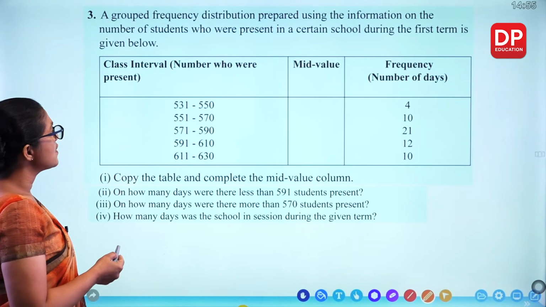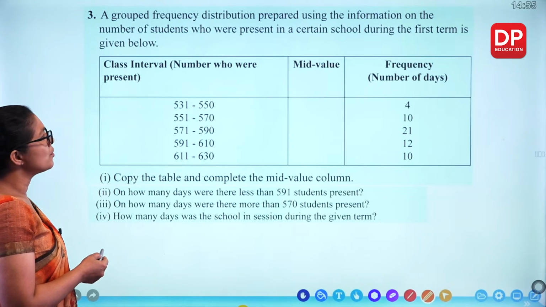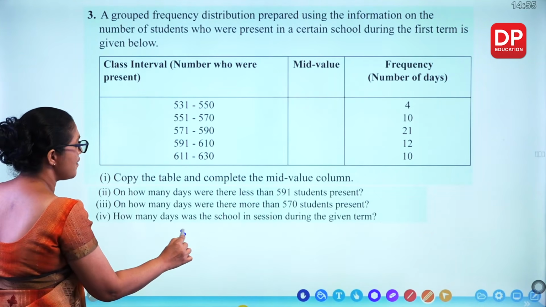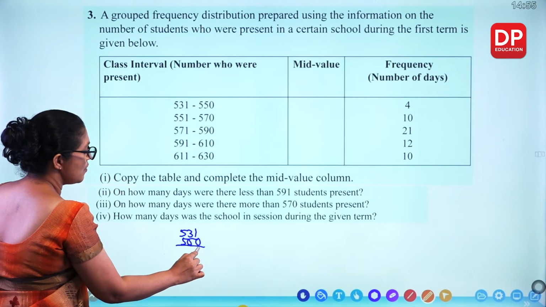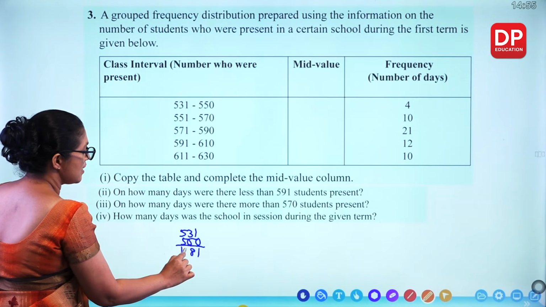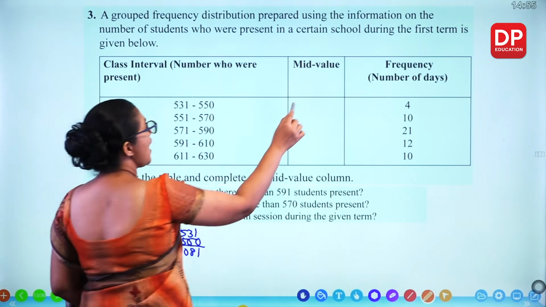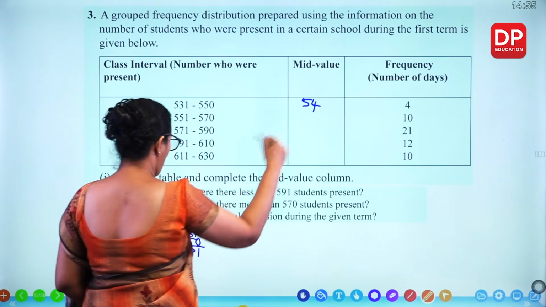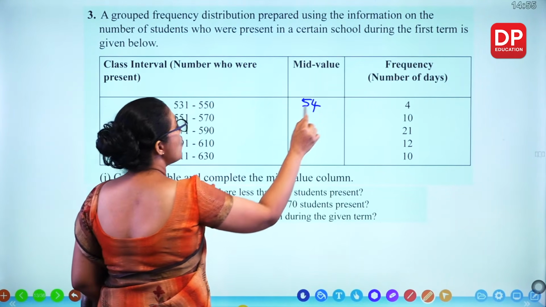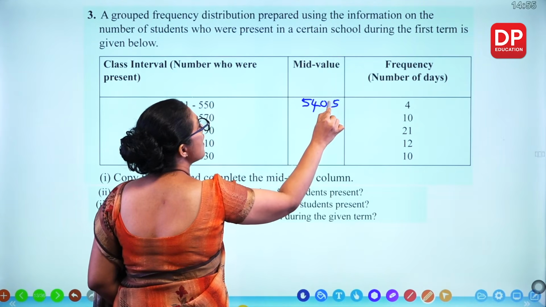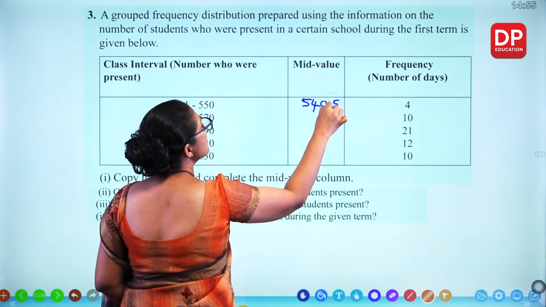We'll try to first find the midpoints, add and then divide by 2. 531 plus 550, you get 1081. Divide by 2, you get 540.5.